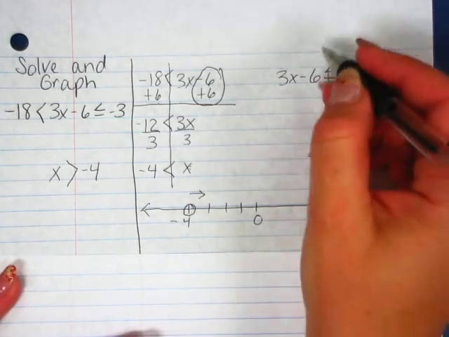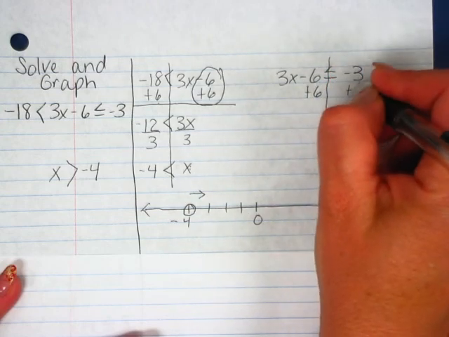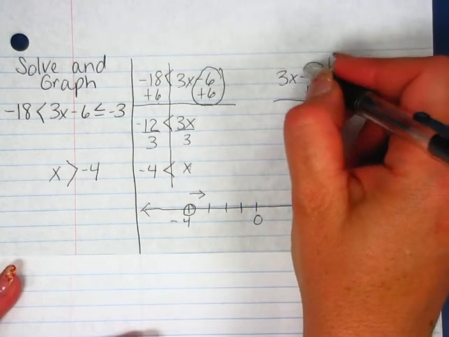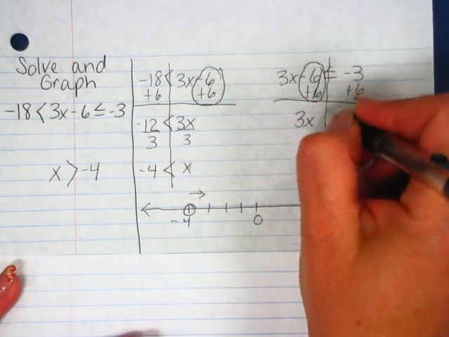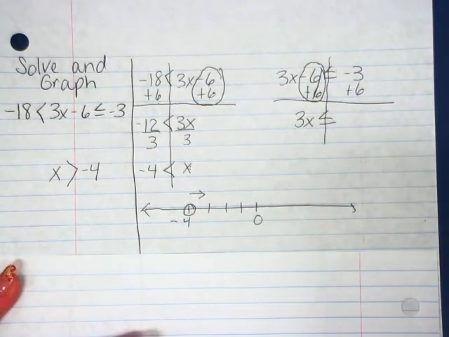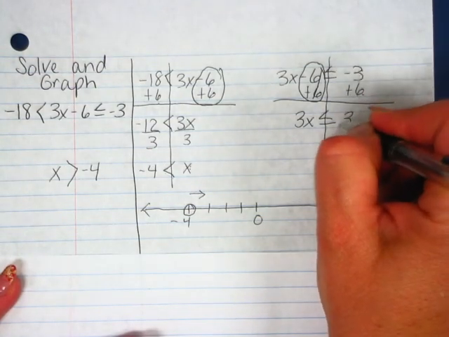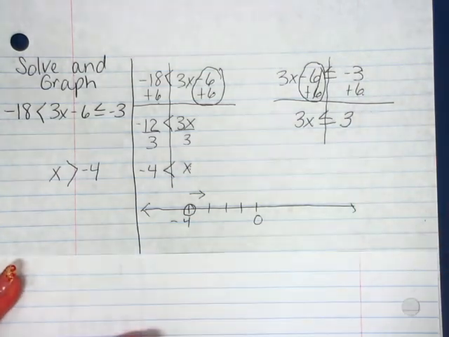All right. So now we're looking here. We're going to add that 6 to both sides. Negative 6 and positive 6, when you're adding them together, gives you the 0 you were hoping for. So 3x, moving the sign down, less than or equal to positive 6 with a negative 3 would subtract. 6 is a larger number, so 6 is positive. My answer is positive.